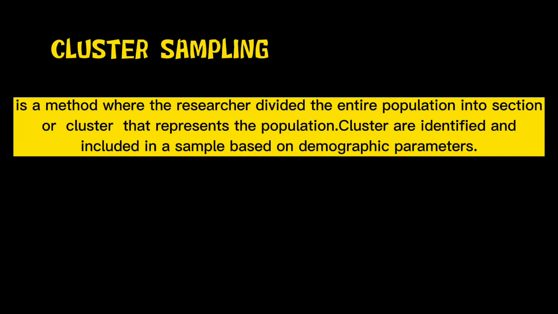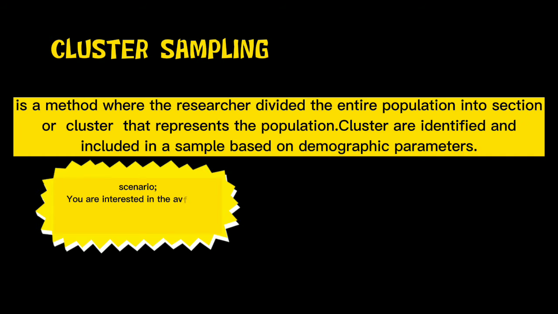Okay, let's move on. The second type of probability sampling is cluster sampling. Cluster sampling is a method where the researcher divides the entire population into sections or clusters that represent the population. Clusters are identified and included in a sample based on demographic parameters.